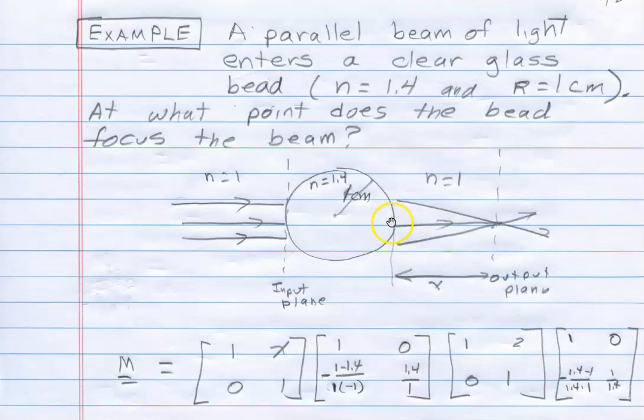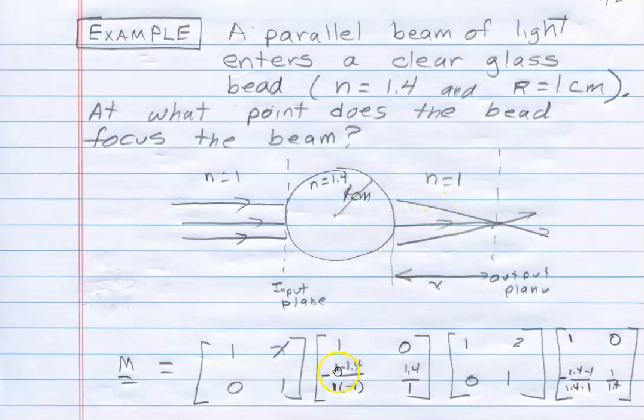Then I'm at the front of this back surface, and now I need to get to the other side of it. And again, that's a refraction matrix at a spherical interface. Same formula, (n2 minus n1) over n2 times r. In this particular case, r is concave, and so that's minus 1 centimeter. The radius of curvature is 1.